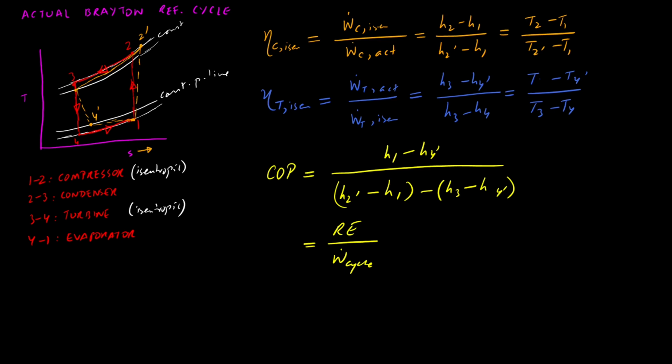So over here, that effect takes place. The refrigeration effect between 4 and 1 has reduced as well, and that means that the coefficient of performance of the reversed Brayton cycle, or the Brayton Refrigeration Cycle, or the Bell-Coleman Cycle, is going to be a lot worse off as well.